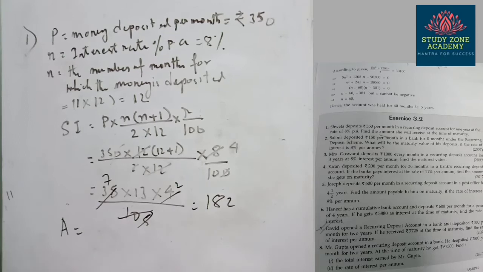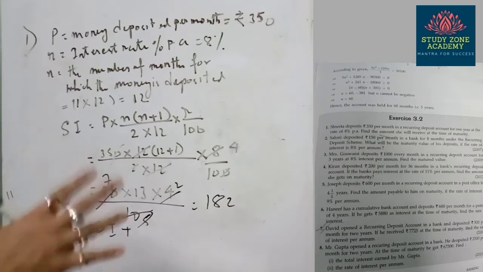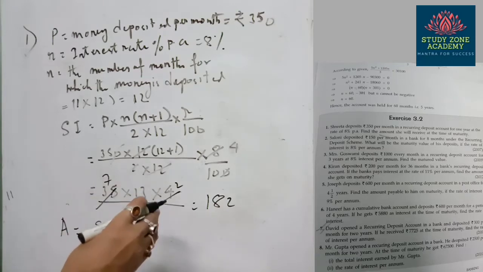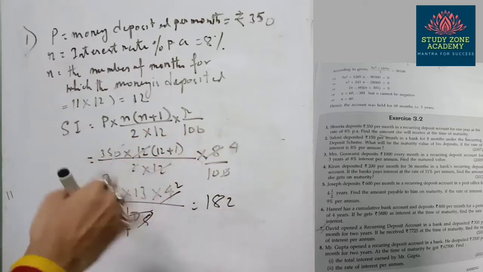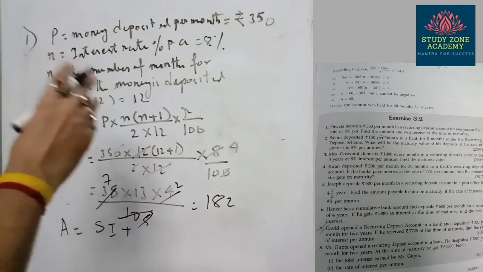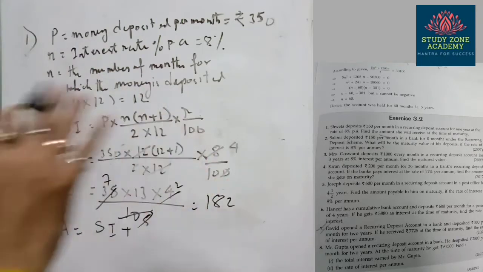Now comes the amount. While calculating the amount, we need to understand one thing. The formula for amount is simple interest plus principal. But here in banking, money is being deposited per month for 12 consecutive months.